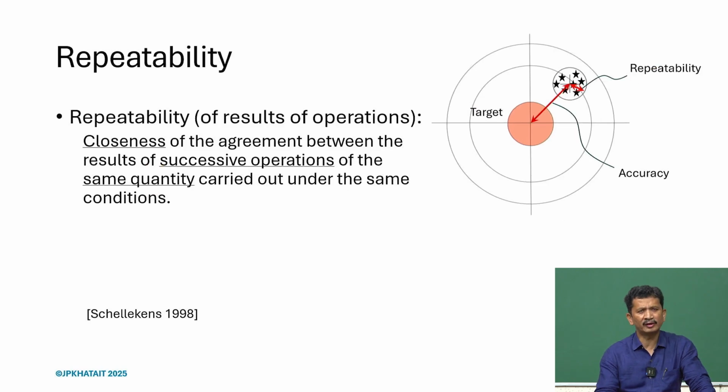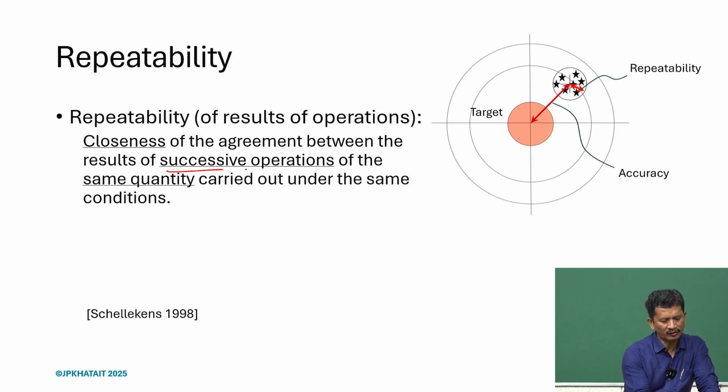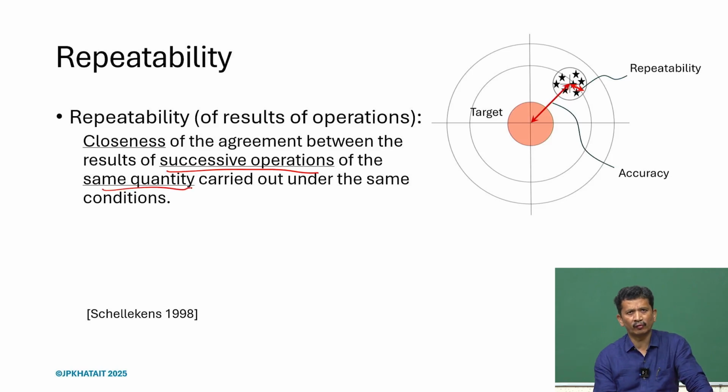Now, talking about repeatability, we talk about repeatability of results of operations. It is a statistical parameter, and we are talking about successive operations of the same quantity. So, when we are doing the same operation under similar conditions many times, in successive operations, it is the closeness of the agreement between the results of successive operations of the same quantity carried out under the same conditions.